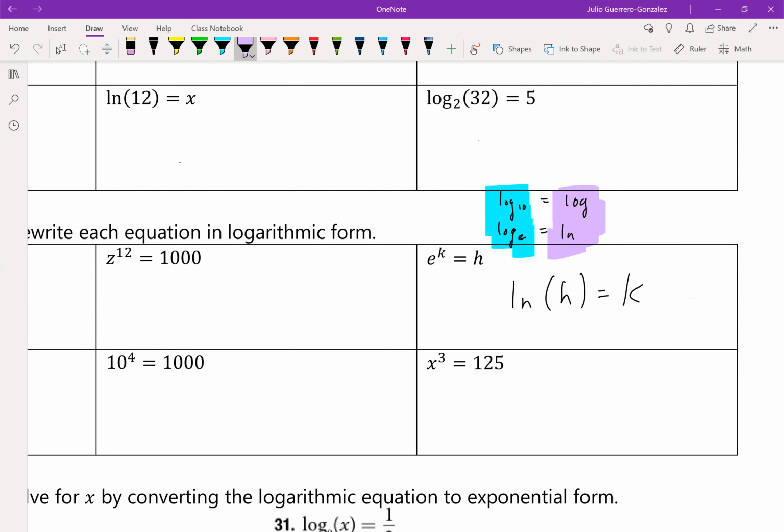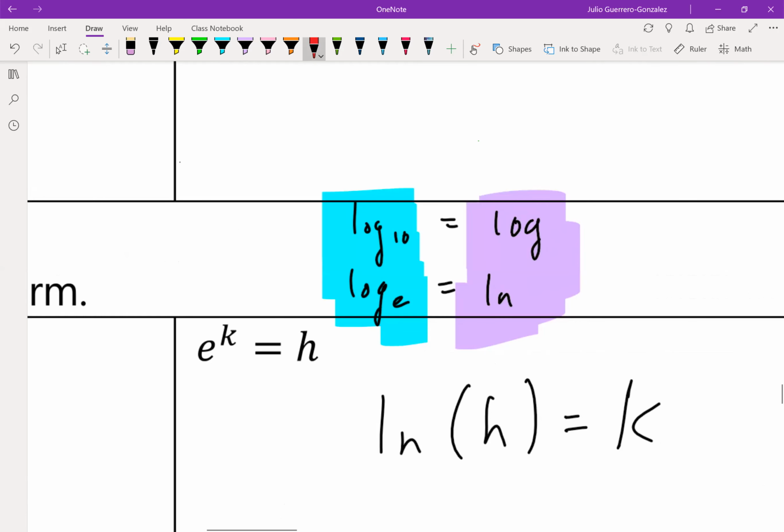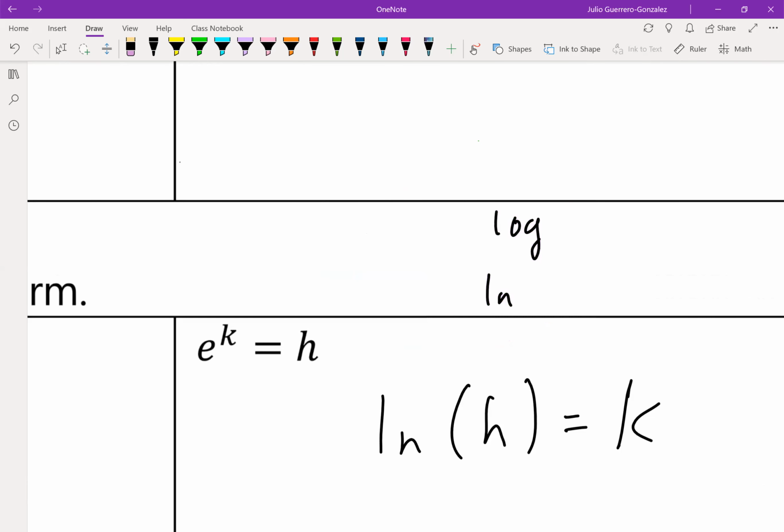All other ones, if we need another base, we will explicitly write it. So if you see just log and ln hanging around, you know that those are log base 10 and log base E.